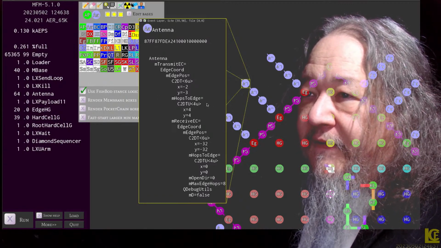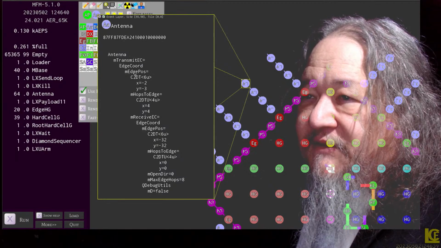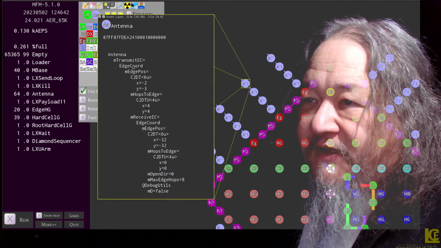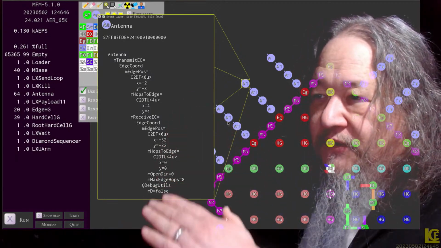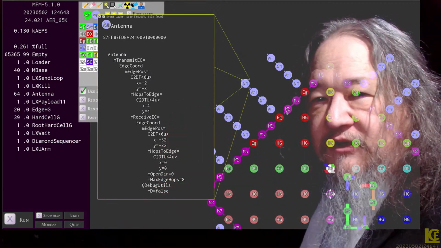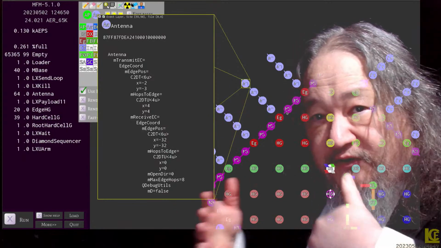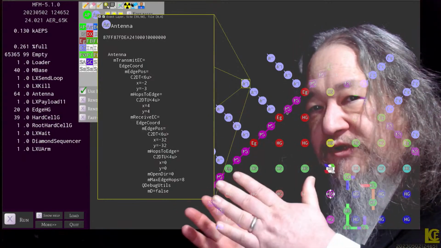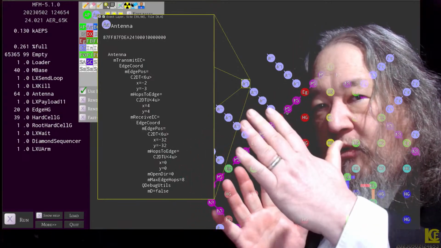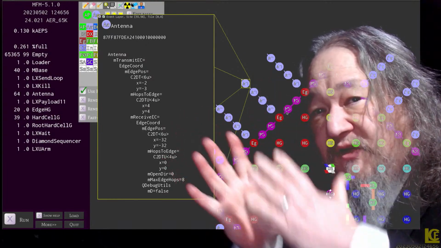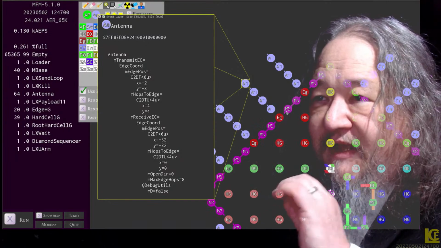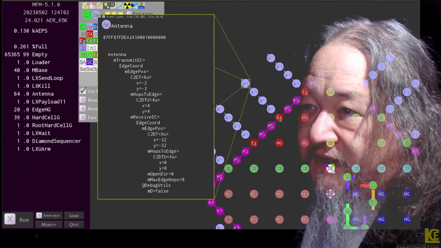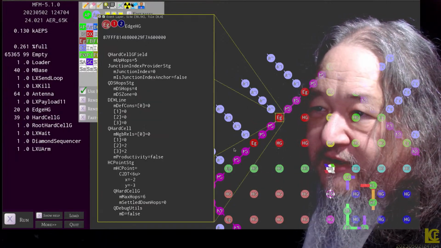So it has an in transmit EC, and EC is an edge coordinate. So this is an edge of the diamond, and the negotiation for intercellular stuff is about what's your edge, what's my edge, how far apart are they, what are their relative positions, and what would we prefer it to be. So an antenna has a transmit edge coordinate. That's what it's actually copied from down here.